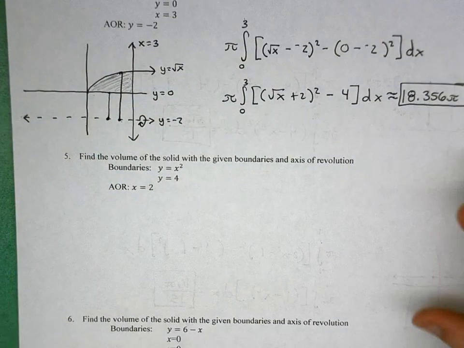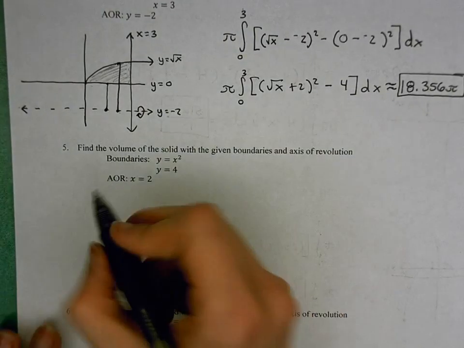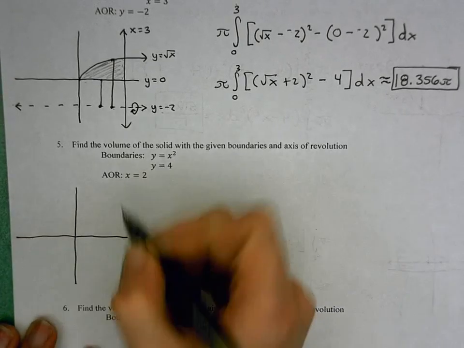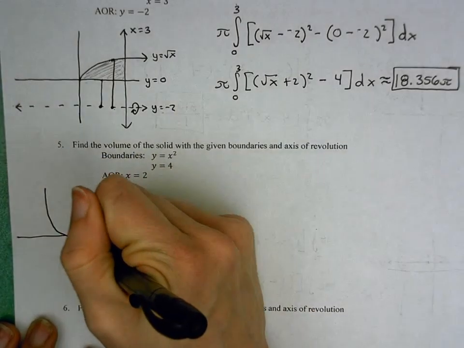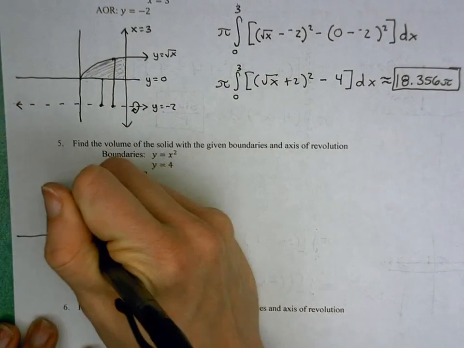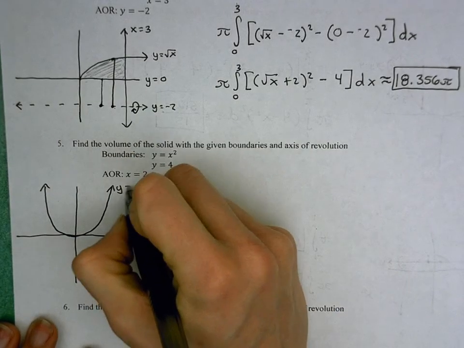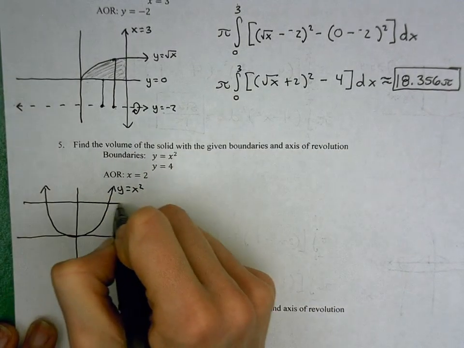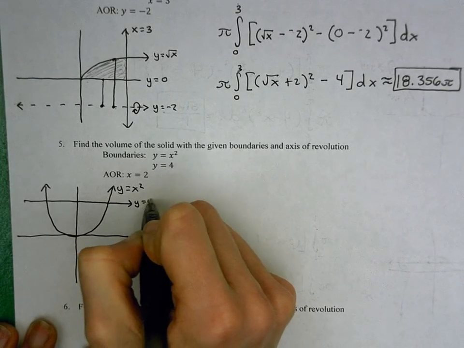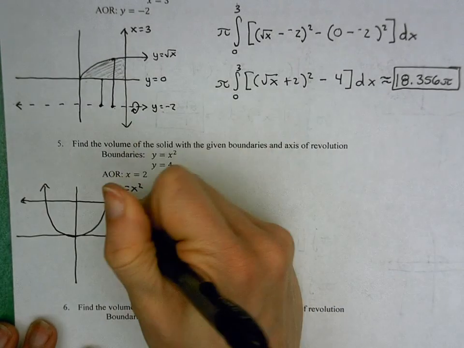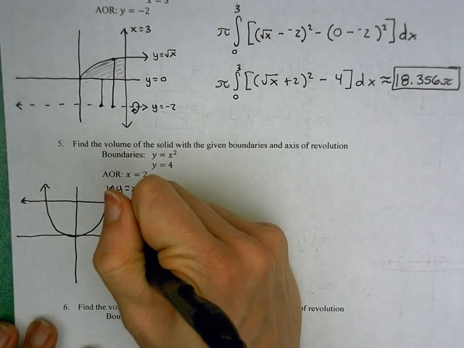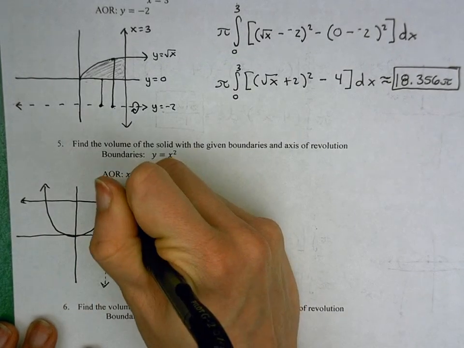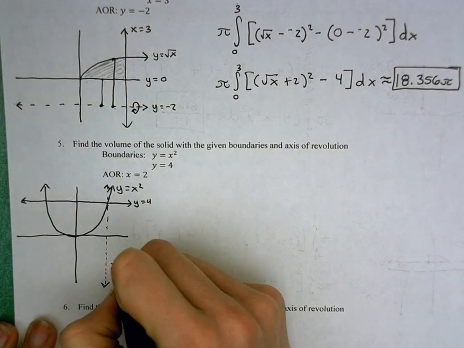Okay, number 5, we have our region here, bounded by y equals x squared, and y equals 4, and then x equals 2, which is our vertical line.